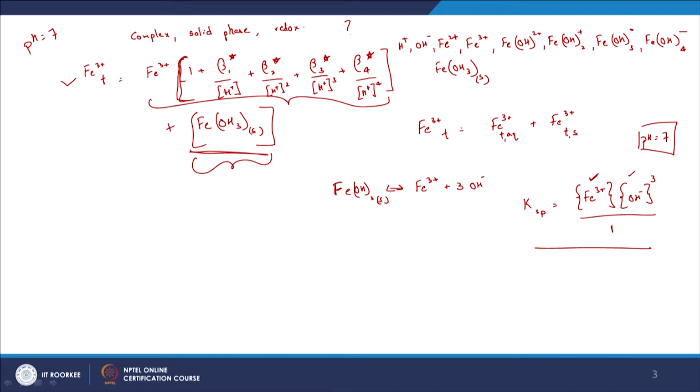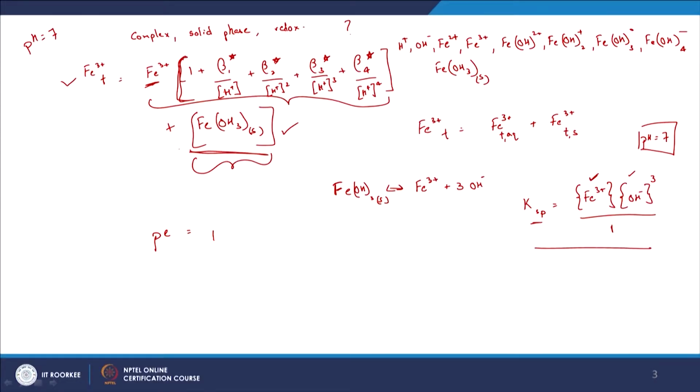I can substitute the relevant value of Fe3+ and calculate Fe(OH)3 solid, and get the aqueous phase concentration of Fe3+, the free metal concentration. So, this is how I would work it out by hand.